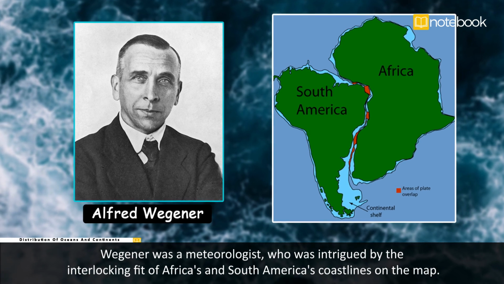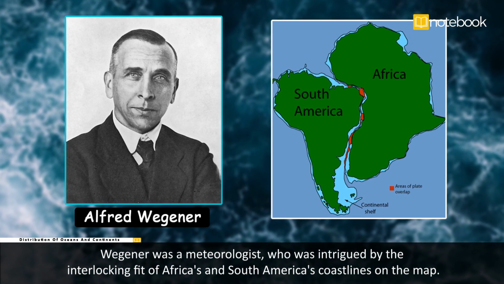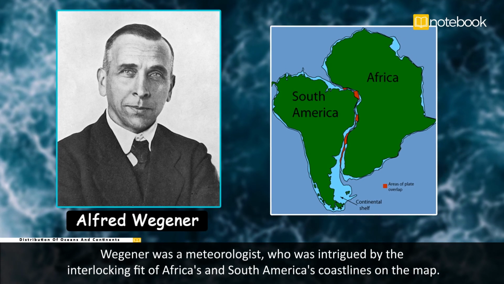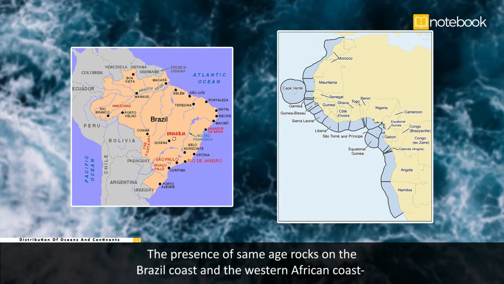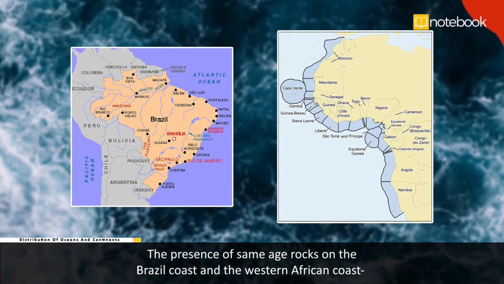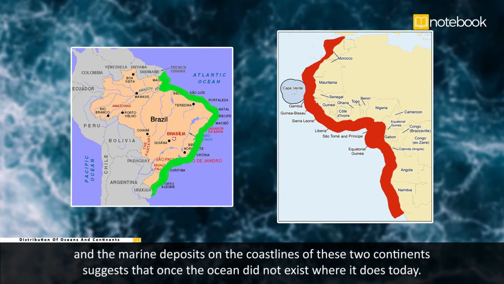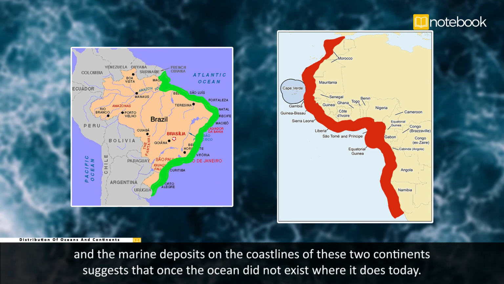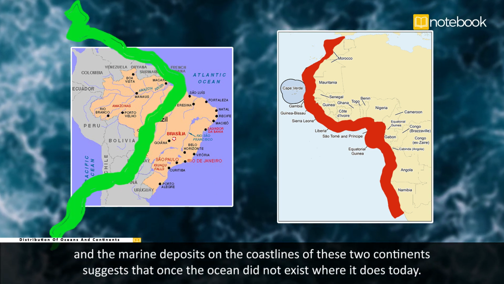Wegener was a meteorologist who was intrigued by the interlocking fit of Africa's and South America's coastlines on the map. The presence of same-age rocks on the Brazil coast and the Western African coast, and the marine deposits on the coastlines of these two continents, suggest that once the ocean did not exist where it does today.